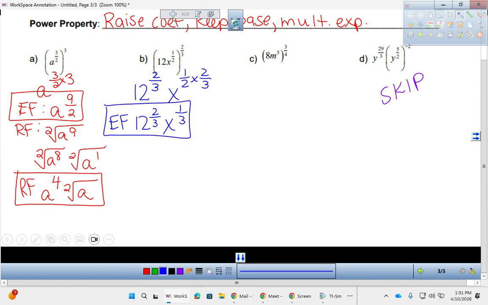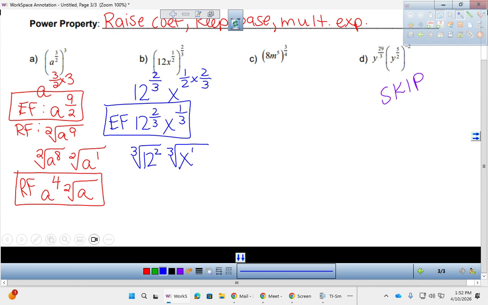In this exponential form, there are two exponents that are fractions, so there are two roots. 12 gets its own root, and x gets its own root. The numerator is the inside, the denominator is the outside. What would I do next from here? What's the next step?